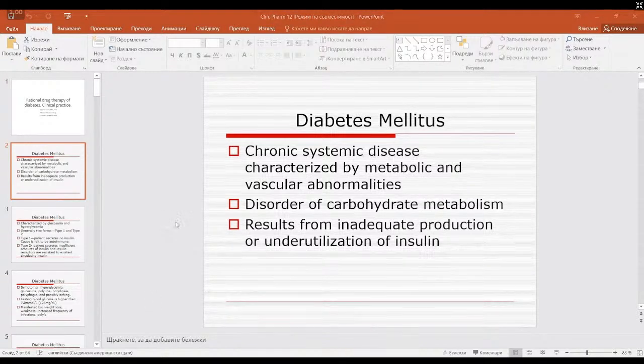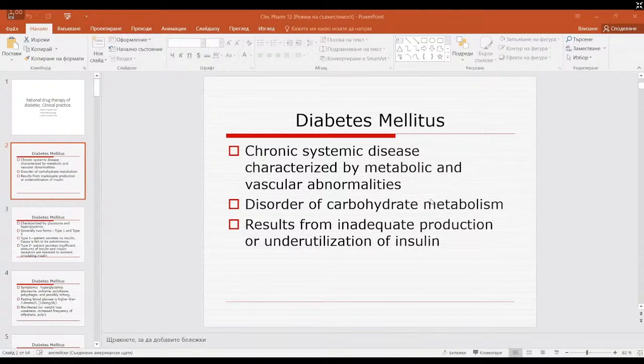First of all, it's a chronic systemic disease characterized by metabolic but also vascular abnormalities, which can be divided into micro and macro angiopathies according to the size of the vessel in which the disease causes abnormalities.